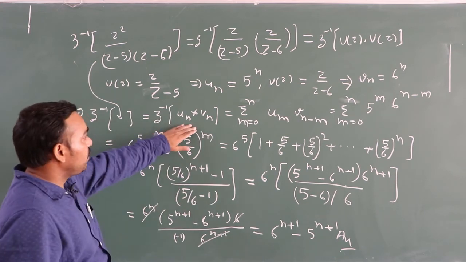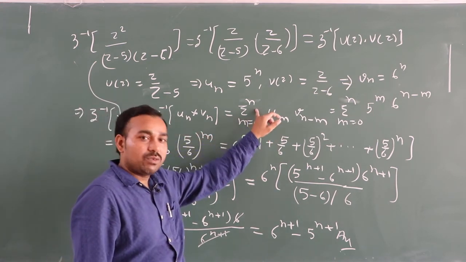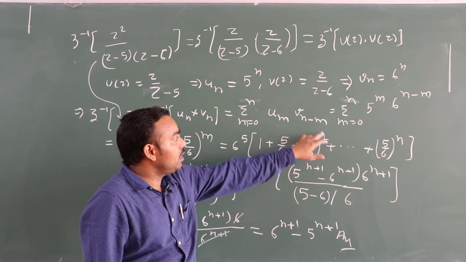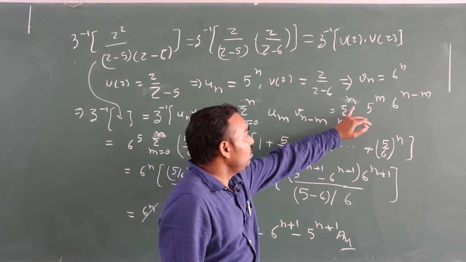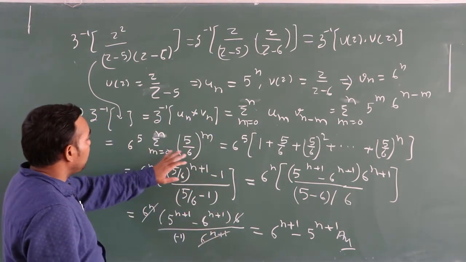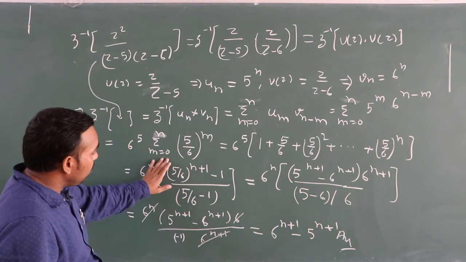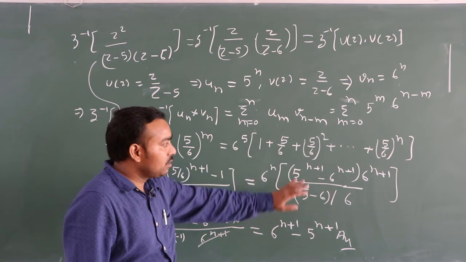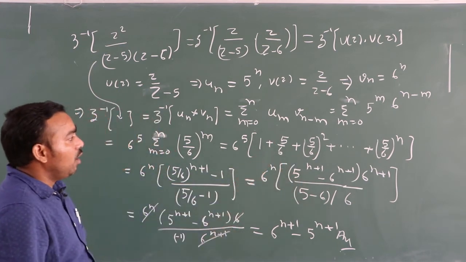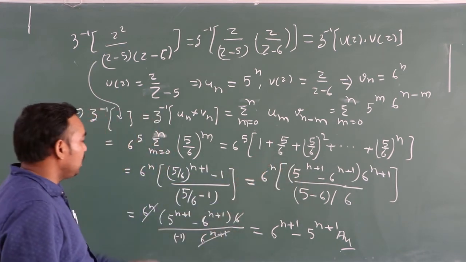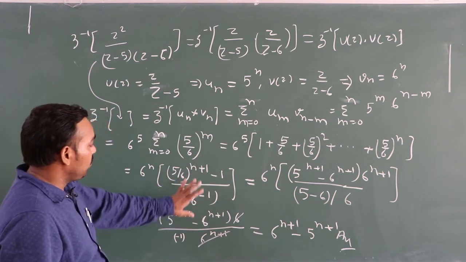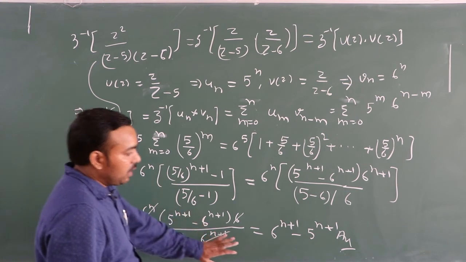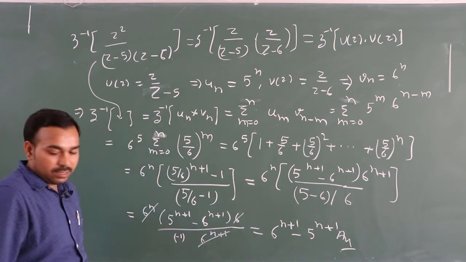Then write the sum from m equal to 0 to n of u_m v_(n minus m). After putting in all these values we get a series of n plus 1 terms, which is the sum of n plus 1 terms, and simplifying, we finally get this result.